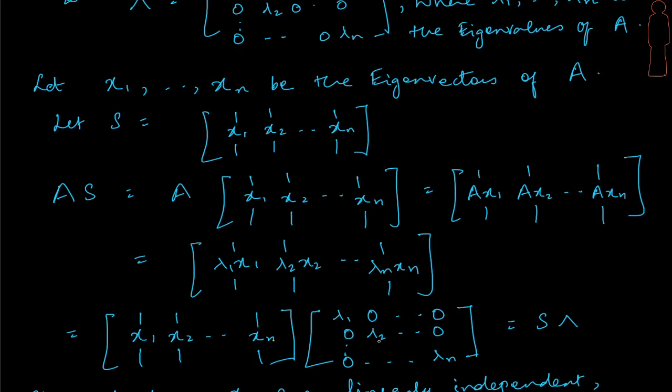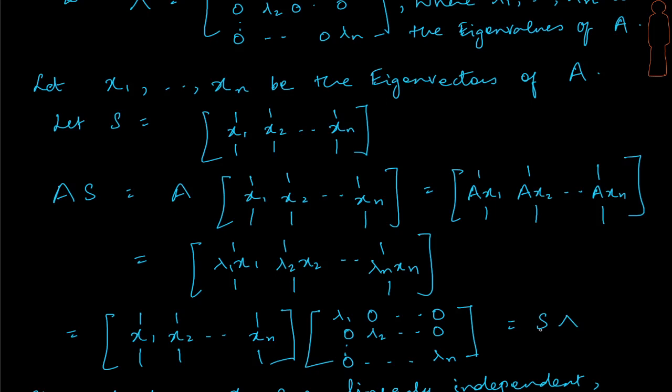Rest of them are all zeros. Using the column view of multiplication, we obtain this product. This is nothing but S, and this is nothing but lambda, the capital lambda. And what have we done? We have got AS is equal to S times lambda.